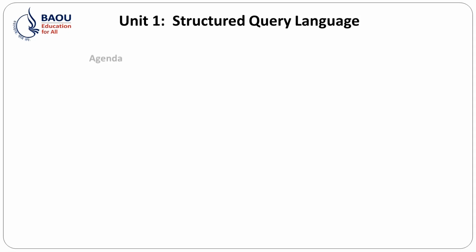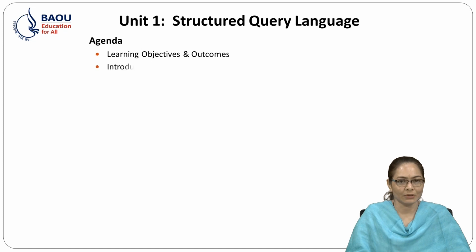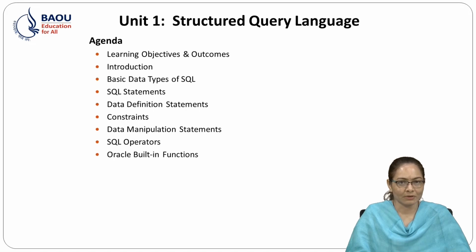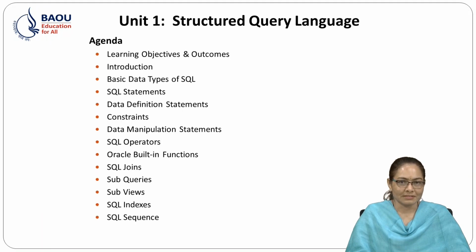First of all, we see the agenda of Unit-1: learning objectives and outcomes, introduction, basic data types of SQL, SQL statements, data definition statement, constraint, data manipulation statement like record related commands, for example insert, update, delete, select, etc. The SQL operators like arithmetic, characters, comparison, range searching, pattern matching, logical, set operators, etc. The Oracle built-in functions like group function or scalar function.